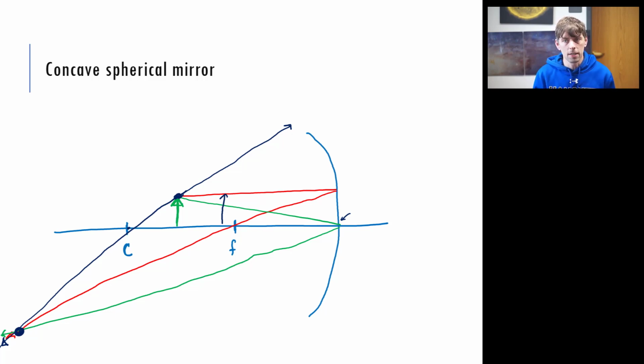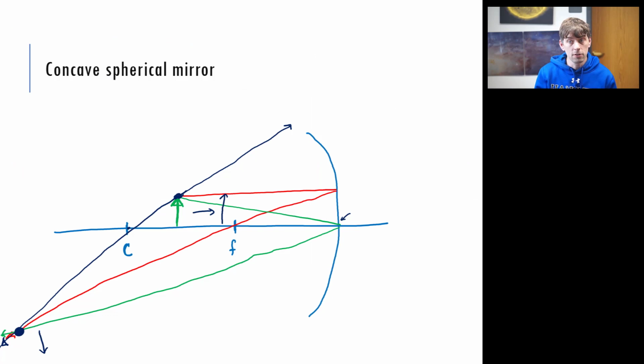So what does that mean? That means that as the object gets closer to the focal point, this green ray will sweep farther and farther down. Right? It'll go further down. Which means you can already get an idea what happens. The red ray stays the same, but now that green ray is going to sweep further and further down.